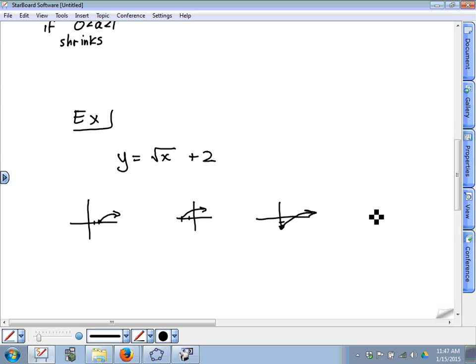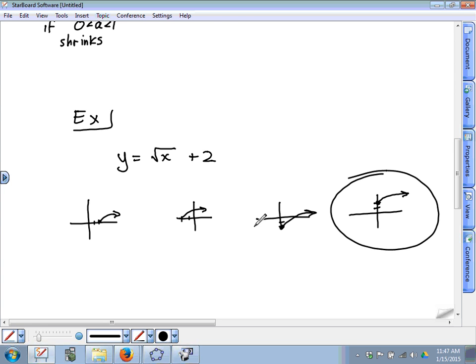All I have to do is consider what this plus 2 does to the graph. Does it move it up, down, left, or right? It moves it up 2 units. Which one has been moved up 2 units? Choose D. So pretty much that's all you're going to have to do on your assignment, just choose the correct graph out of choices. You guys think you can handle that?